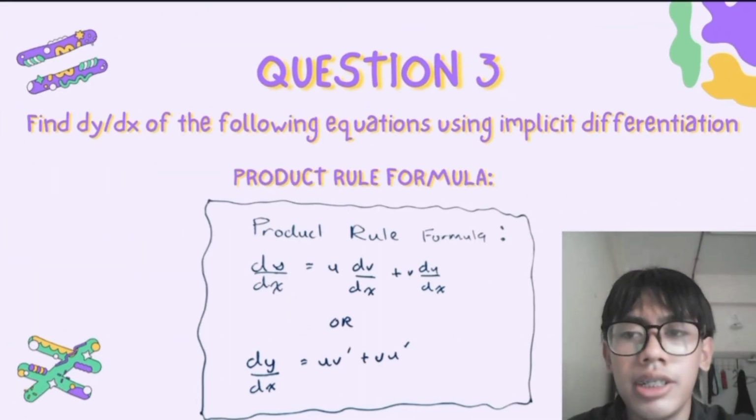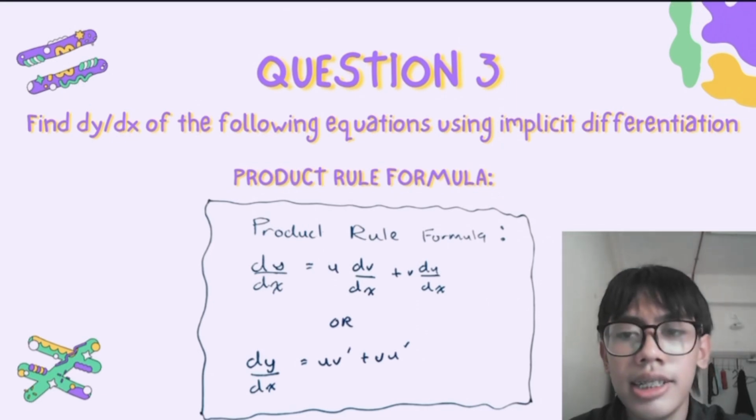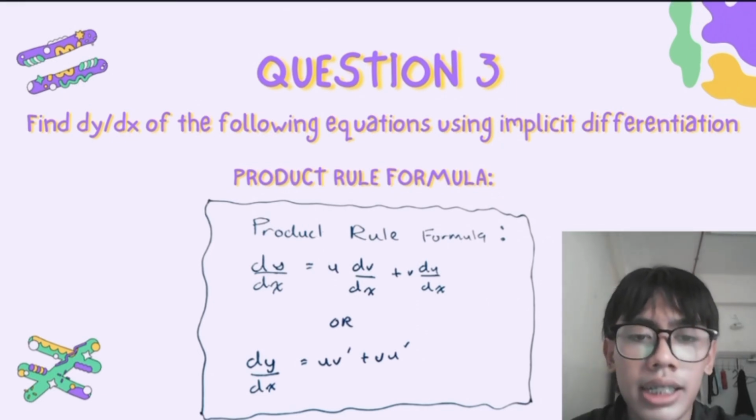For the next formula, we will be using product rule, which is d/dx[u times v] equals u times dv/dx plus v times du/dx. An easier way to memorize this is simply uv' plus vu'.